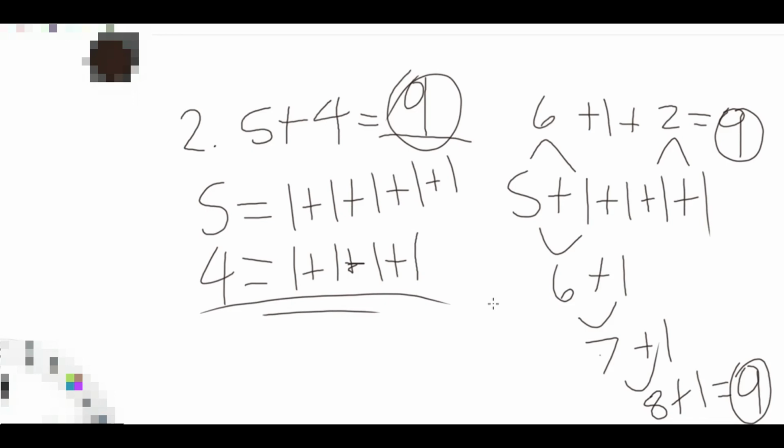So another way is, okay, first, 5 is also, so you could split also the 5 like this, for the third method. If you make it all 1s, you could add those up.